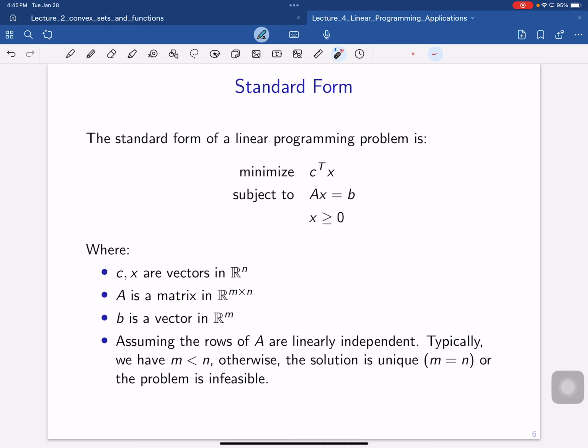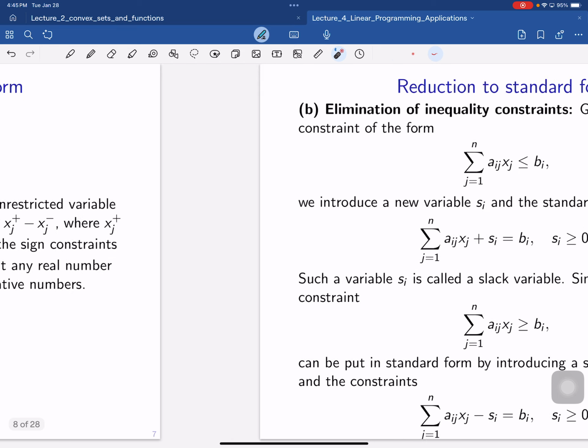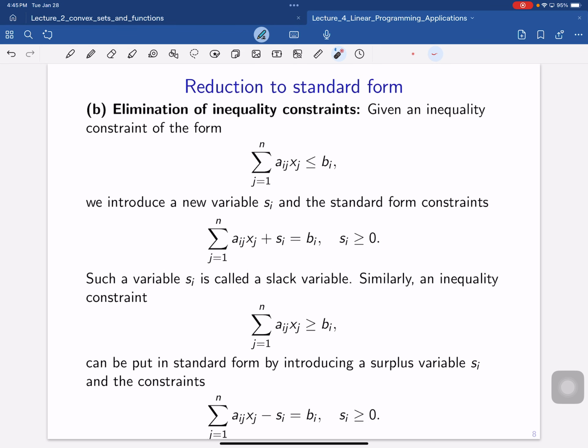There are no other, more complicated types of inequality constraints. So if you have a more complicated inequality constraint, let's say the summation of aij xj, j from 1 to n, less than or equal to bi, where it's not a simple bound constraint.